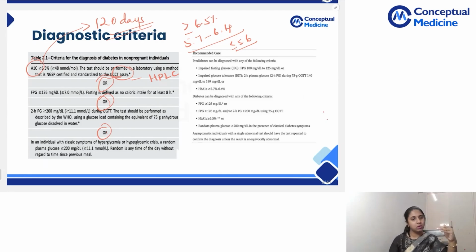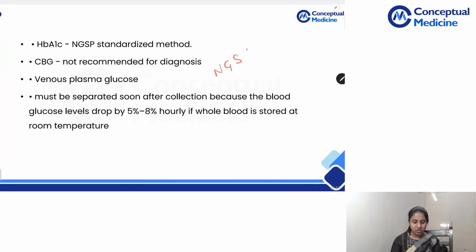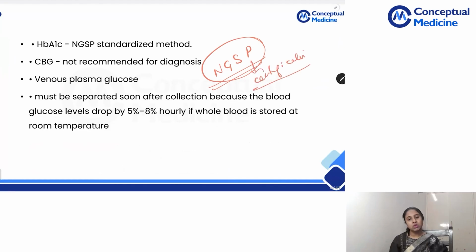Anything which matches this standard will satisfy the NGSP certification. What is NGSP certification? National Glycohemoglobin Standardization Program. This program makes sure that whatever HbA1c you are measuring, in whatever lab it could be, it matches the standards of the HbA1c measured by the HPLC technique in that assay. They offer certification programs for level 1 and level 2.